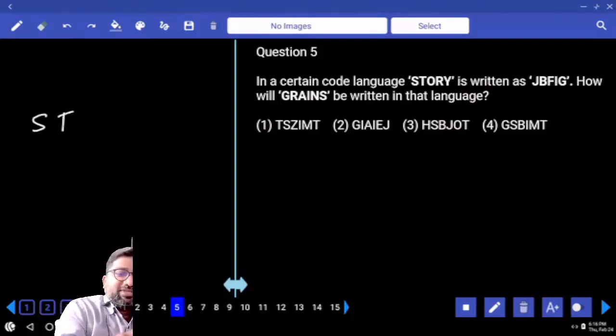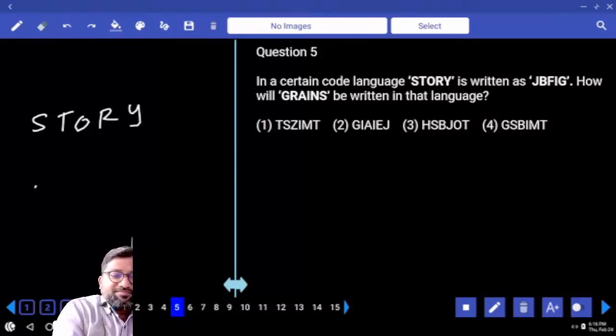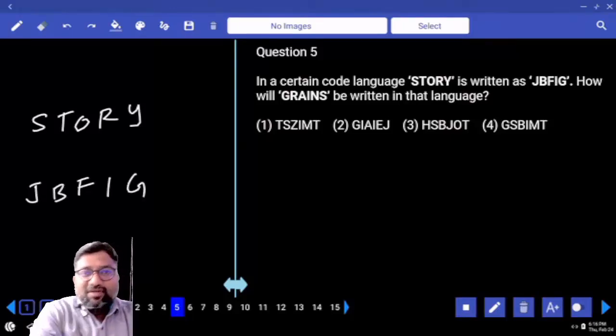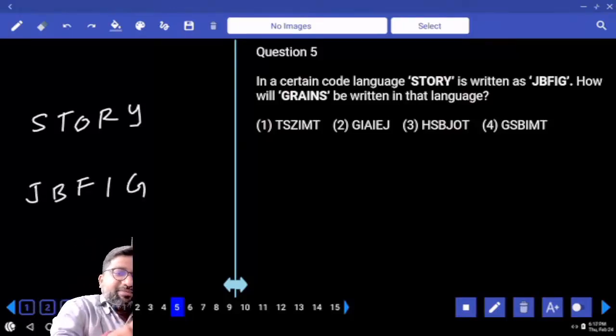Story. I'll just write the place values of story. Story is coded as what? J, B, F, I, G. All are different letters. Can you please tell me what is the place value of S? 19, T, 20, O, 15, R, 18, Y, 25.